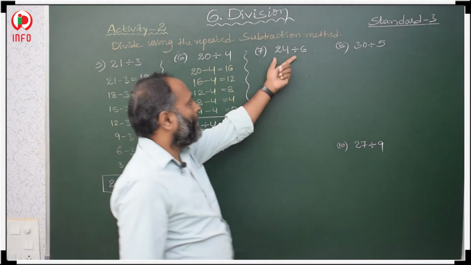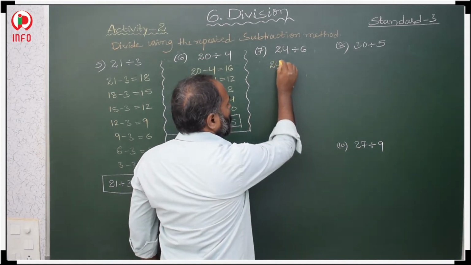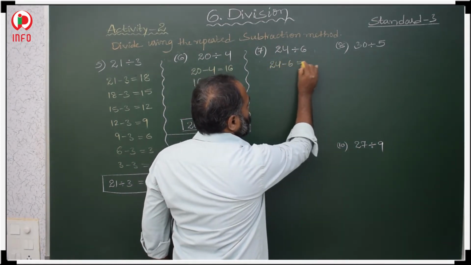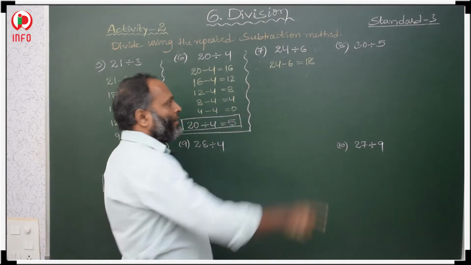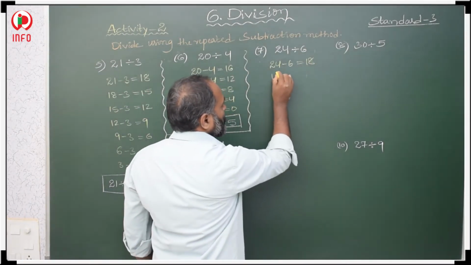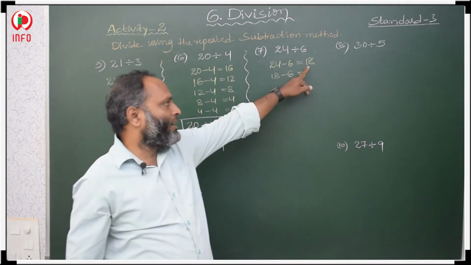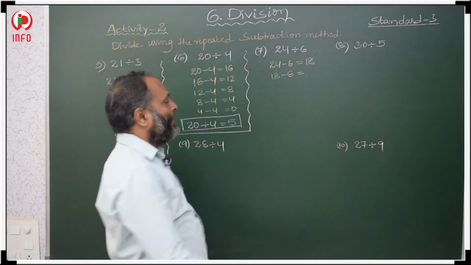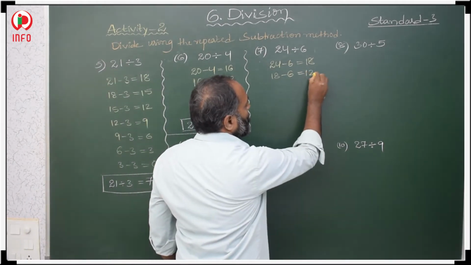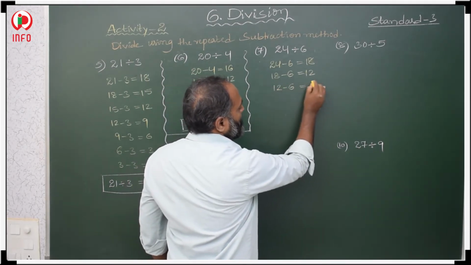Here 24 divided by 6. Now, 24 minus 6, it is 18 in the first step. Then this is not quotient, this is remainder. Remainder minus divisor. 18 minus 6 is 12. Again this 12, remainder minus divisor is 6.